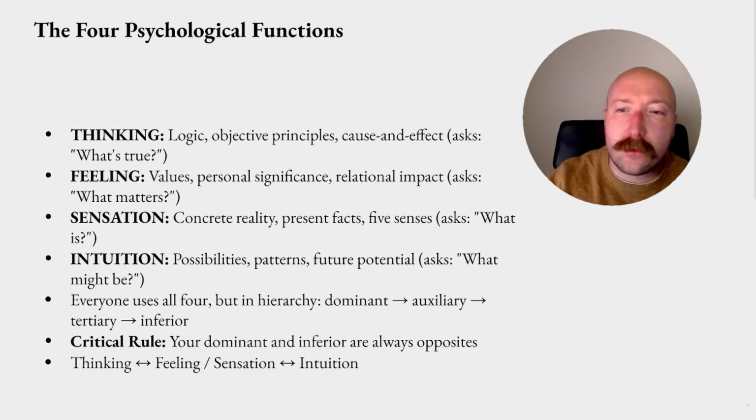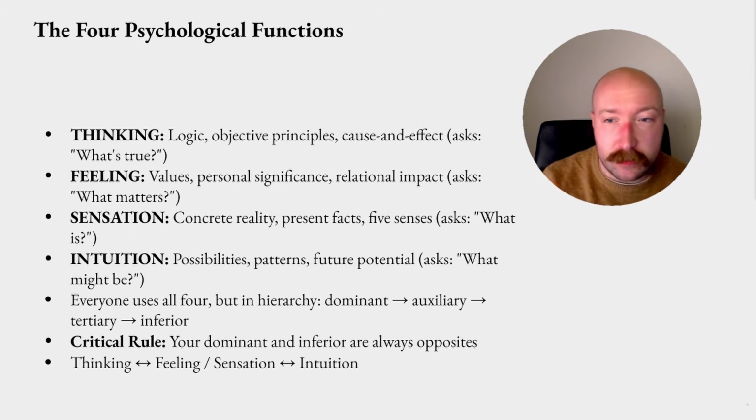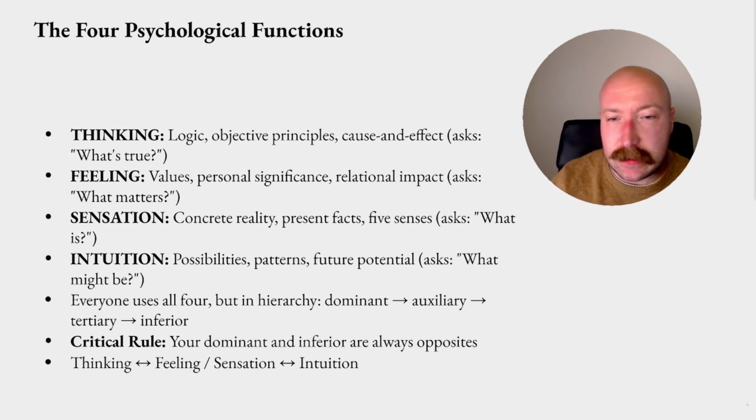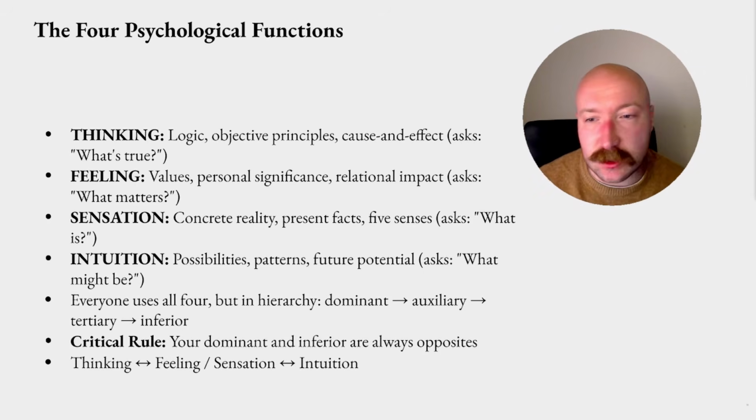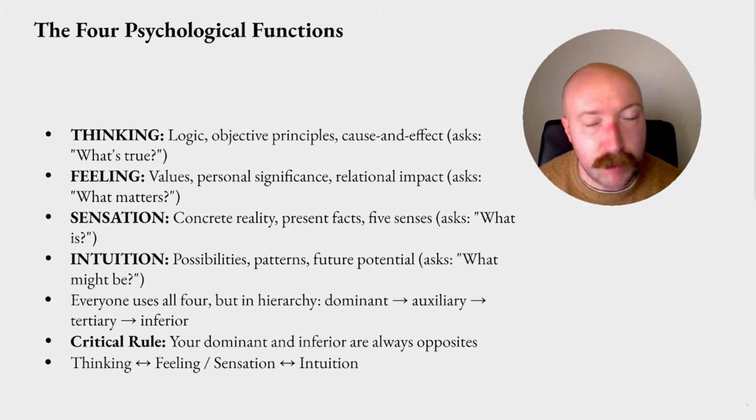The 4 functions divide into 2 pairs. Thinking and feeling: logic, objective principles, cause and effect, what's true. These are the rational functions, judging. And then the other pair, the irrational functions, perceiving: sensation and intuition. Irrational doesn't mean crazy or illogical. It means non-rational, not based in judgment or evaluation, but in perception, apprehension.